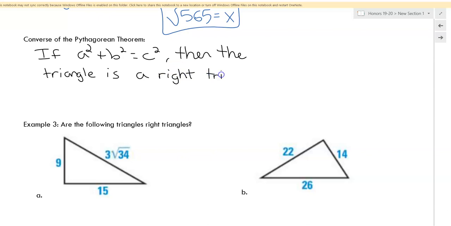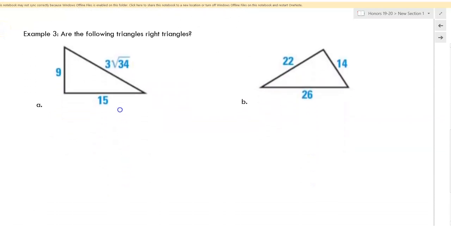So if you don't know if that angle is actually a right angle or not, you can check if you know the lengths of the sides. This happens a lot in construction. It's easier to measure sides than it is to be accurate with how you measure angles. So they'll measure their sides and then see if it forms this right triangle.